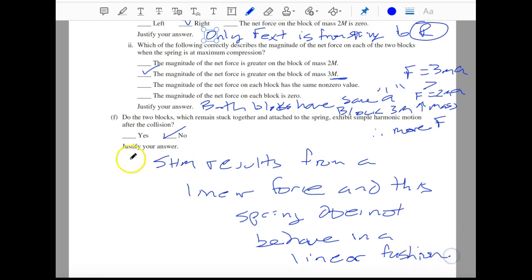And so that is the important part for this one, and that is the end of this problem.